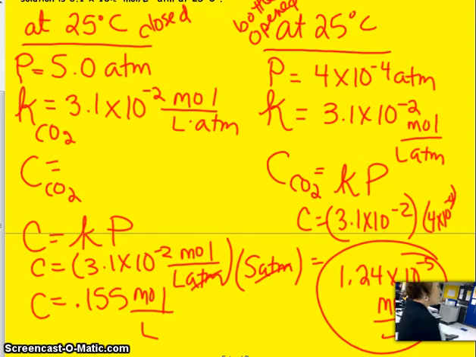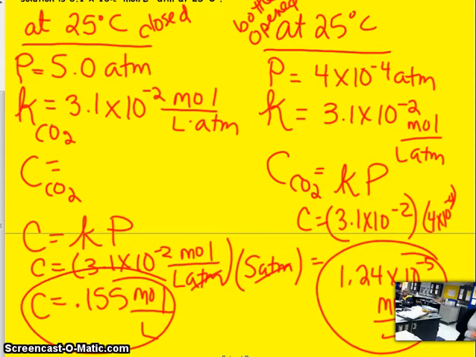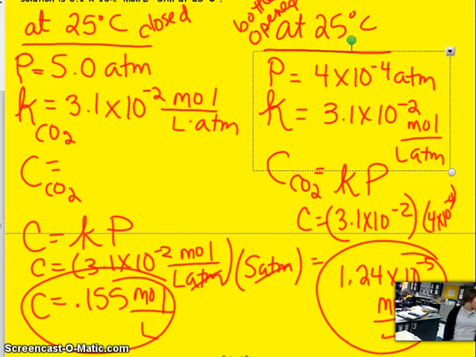So the reason you get the whoosh when you open your soda is that you actually decrease the pressure and the carbon dioxide comes out of solution and the concentration goes down quite a bit. Okay? That's Henry's law. The higher the pressure, the greater the concentration. The lower the pressure, the lower the concentration.